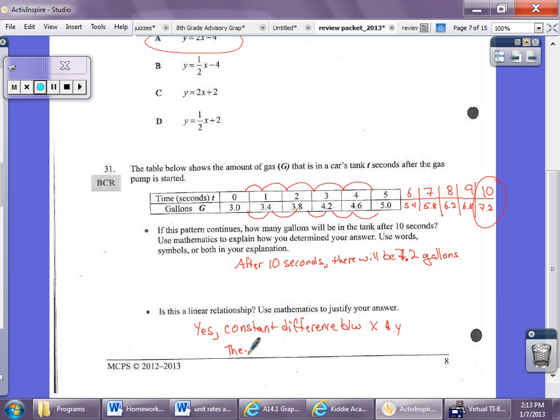The time in this problem, the x value, is increasing by 1, and the gallons is increasing by 0.4. So since they're both always increasing by the same amount, that means it's a linear relationship. That'll give us a straight line. So that's what the linear relationship means, that it's going to give us that straight line.